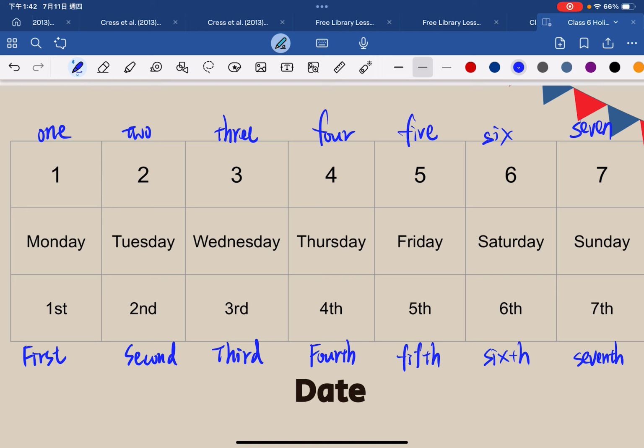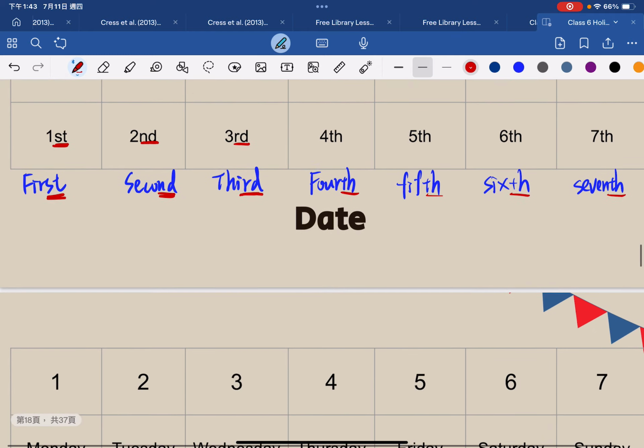Something that you should pay attention to is that for the first, it's ST. For second, it ends in ND. For third, it ends in RD. Fourth, TH, fifth, sixth, seventh, so you can keep counting.